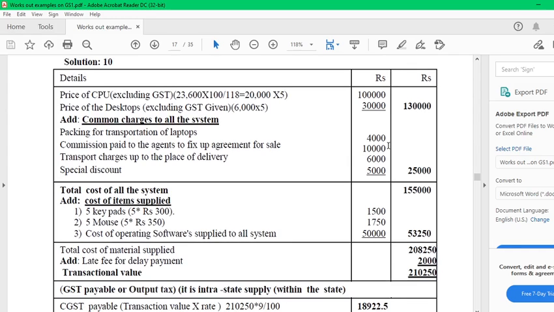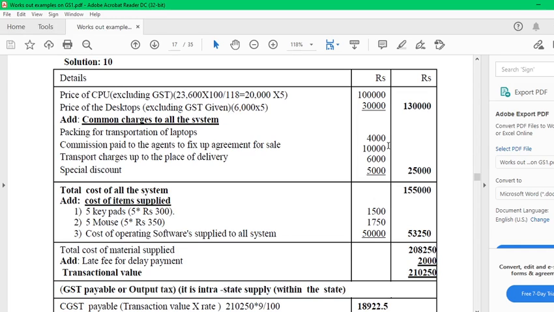However, cost of items supplied: 5 keypads at the rate of 300, 5 into 300, 5 mouse at 350, 5 into 350. Cost of operating software is not for each system individually; the 50,000 is the total for all 5 systems.